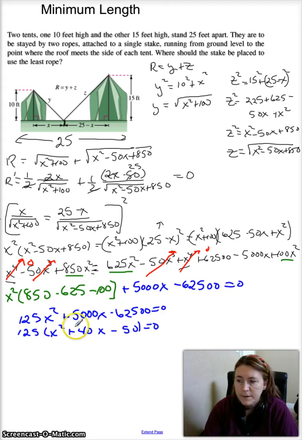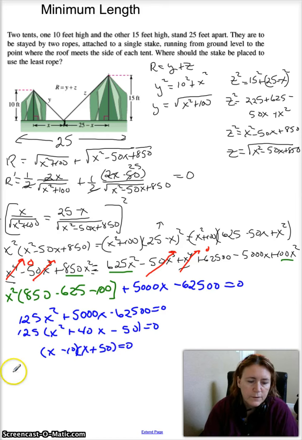Now when I factor this, oh, this one's going to be nice. 125 goes away. I've got (x minus 10) and (x plus 50). So I have two answers. One is when x is 10 and one is when x is negative 50. Now that's not an answer, so it's out of range. Or excuse me, it's out of the domain.